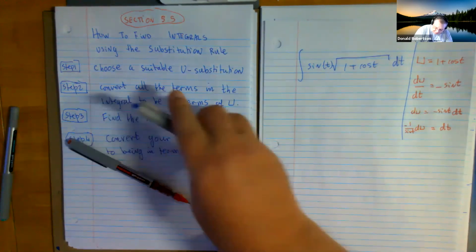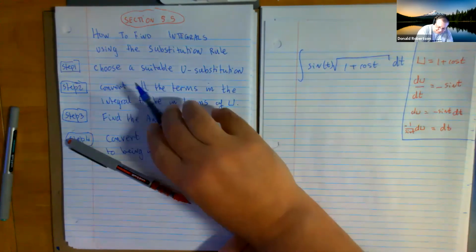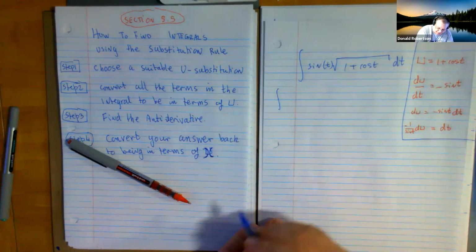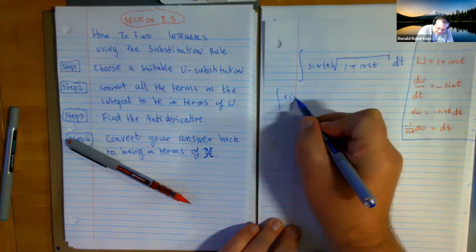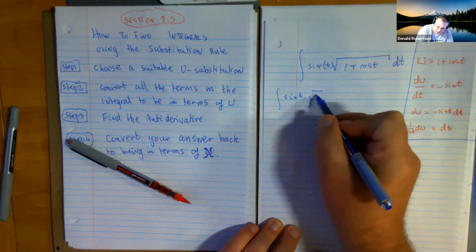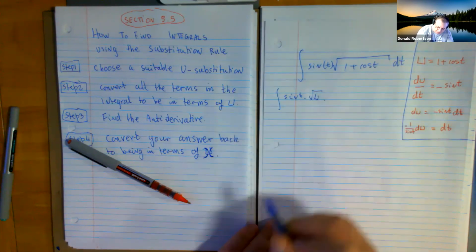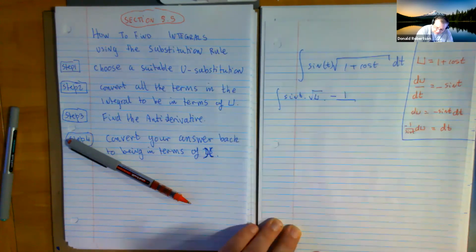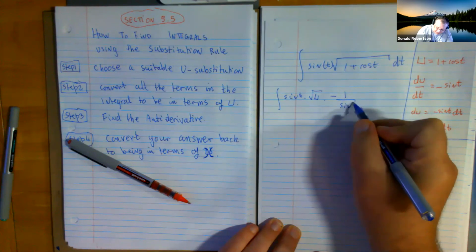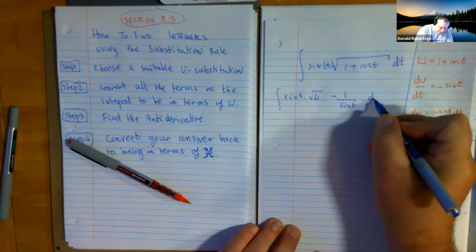Does the same job. So we're going to have a sine t, a square root of u, a negative 1 over sine t, and a du.